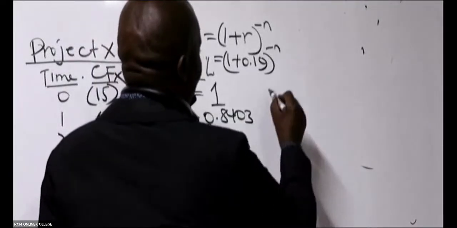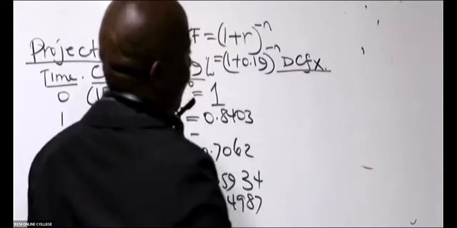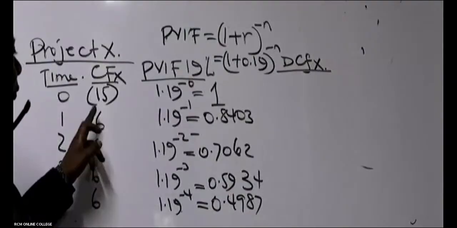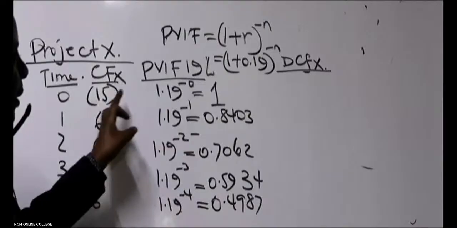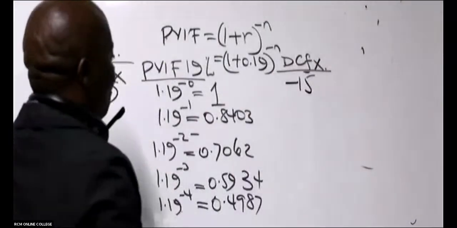Now give me the discounted cash flows for X. I take the cash flows times the discounting factors. Minus 15 times 1 gives minus 15 because I'm investing.